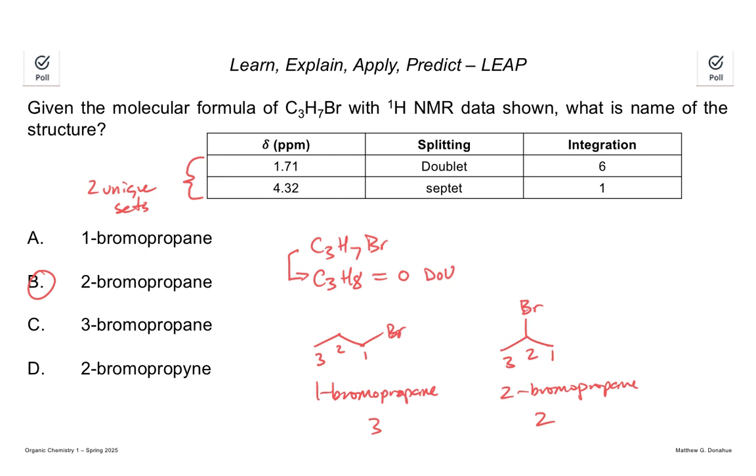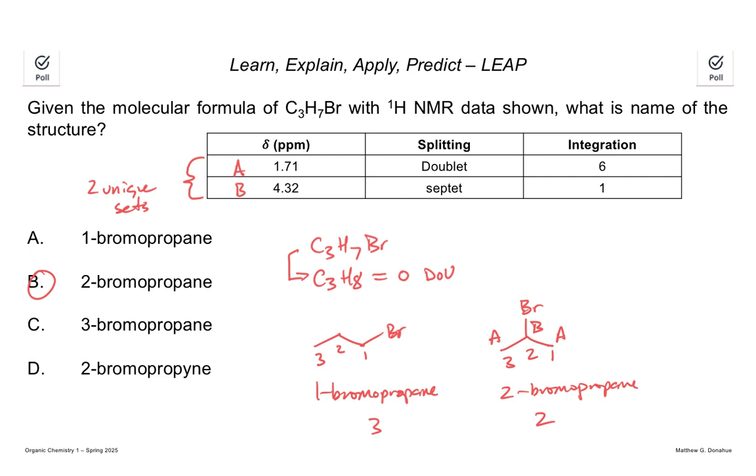But if you dig deeper into it, you can then make the assignments. I'll just call this signal A, signal B. Signal B is at 4.32, so that carbon must be bearing a heteroatom. 1.71 is going to be your A signal. And then we can look at the integration.